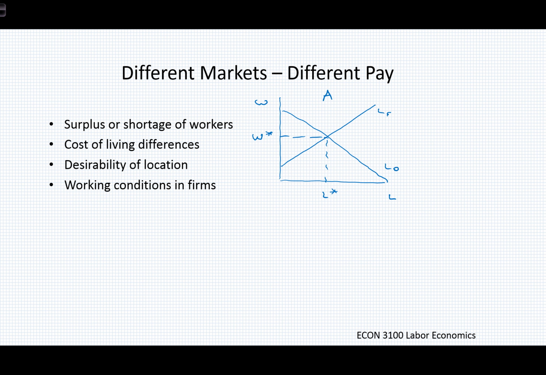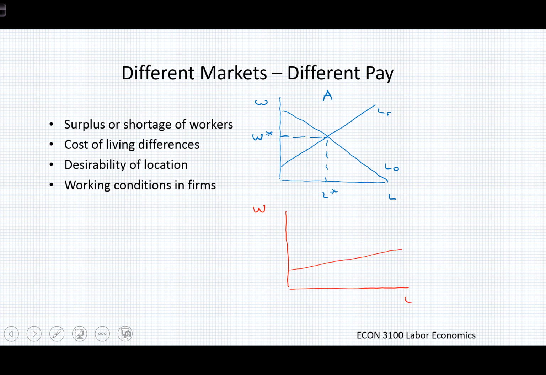And yet, in a different market, perhaps there is a different supply and demand relationship. Perhaps in that different market, firms have a different demand requirement, and there's a different number of workers, such that perhaps the labor supply curve is much flatter.